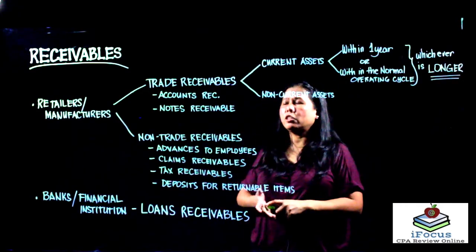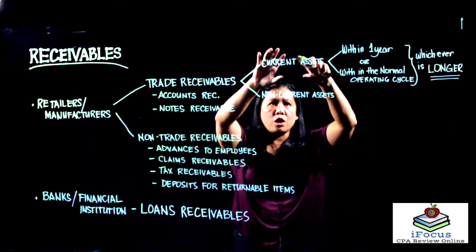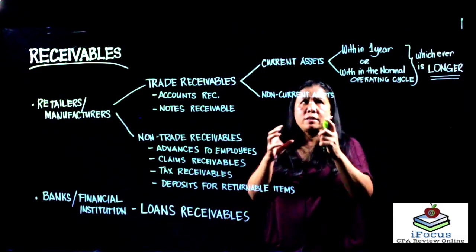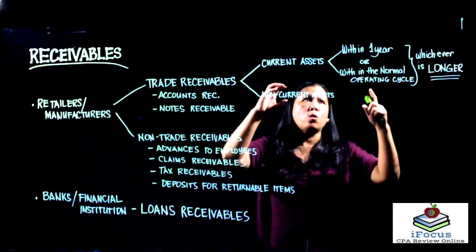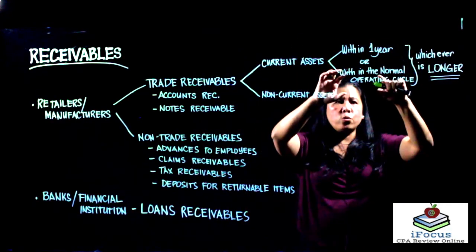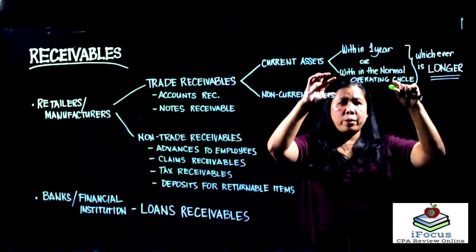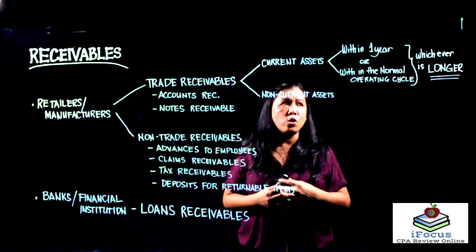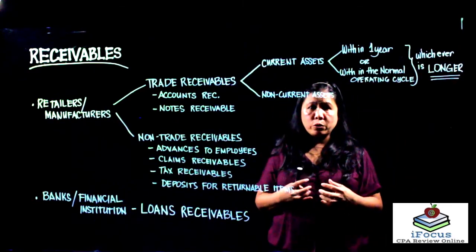We classify a trade receivable as a current asset if we can collect or realize this receivable within 1 year or within the normal operating cycle. What does it mean? Whichever is longer. The normal operating cycle can be more than 1 year.